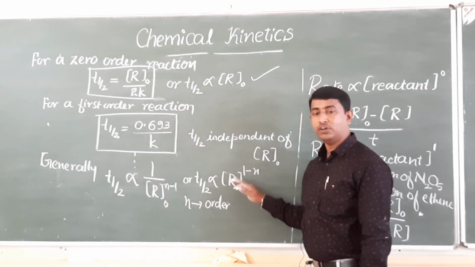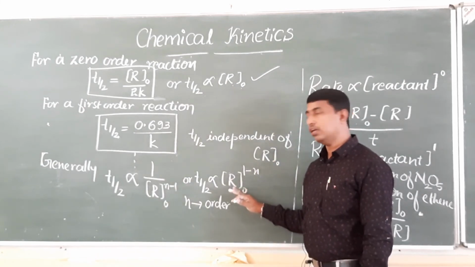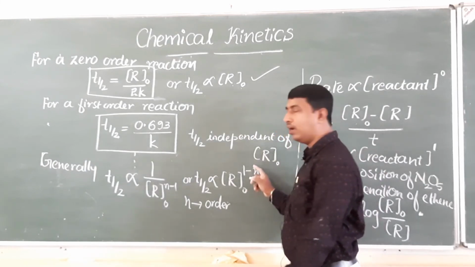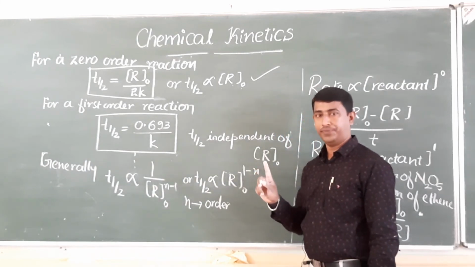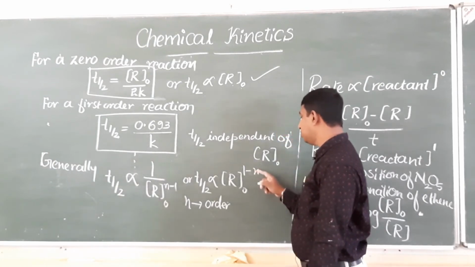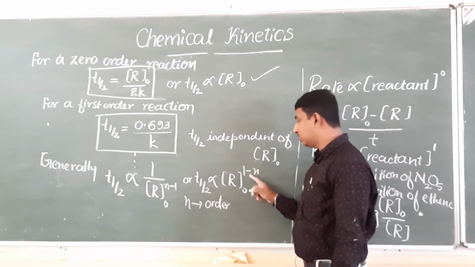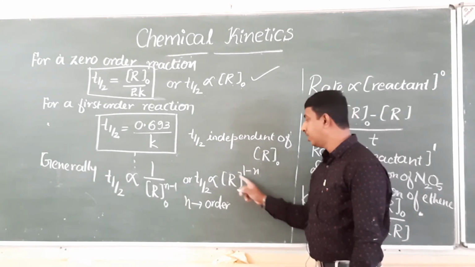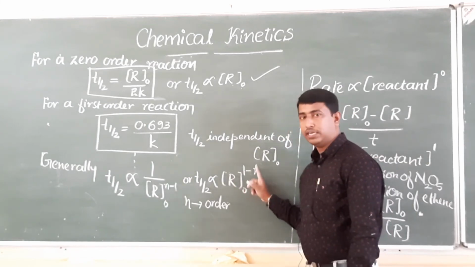Let us check it for first order reaction. For a first order reaction, n value is equal to 1. So it becomes 1 minus 1, which is 0. Any term to the power 0 means it is 1.